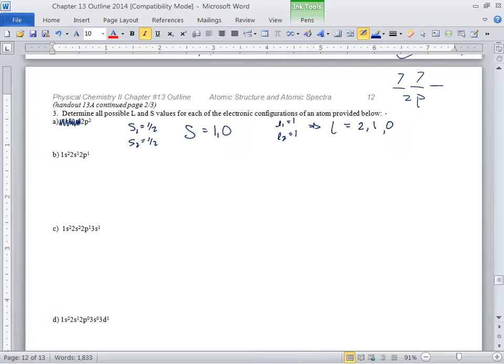So on B we can cross out 1s2 and that's it, right? Yeah, exactly.